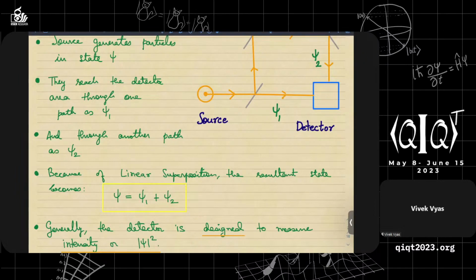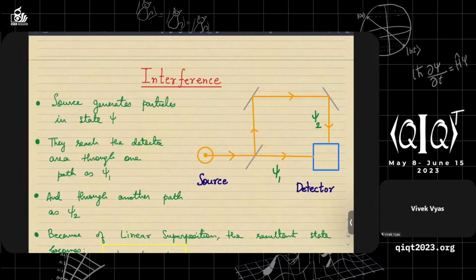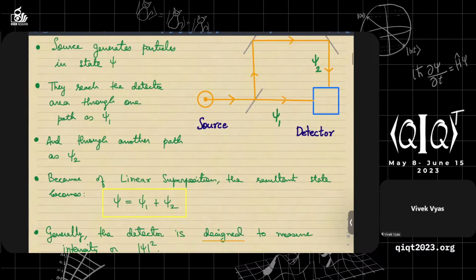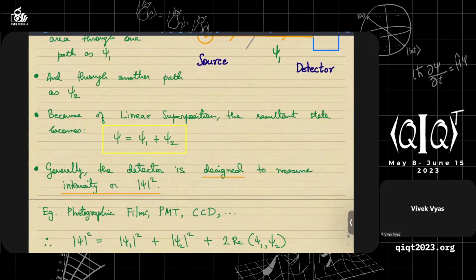So the idea is that you exploit the freedom available in quantum mechanics, that of linear superposition of states, and you measure the resultant intensity, or the mod square. If you want to use the language of vectors, then you measure the squared norm of the resultant vector.